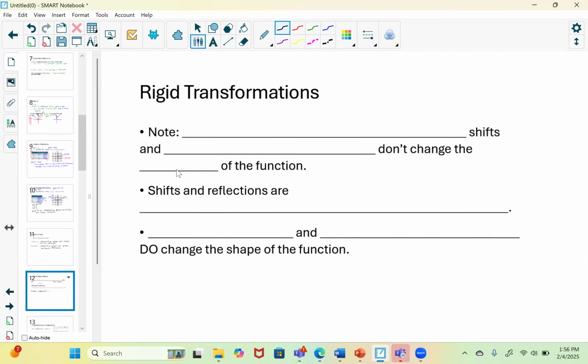Okay, so one thing to note is that horizontal and vertical shifts and reflections, which are all the ones we just did, don't change the shape of the function. It just shifts it some way. So shifts and reflections are called rigid transformations.